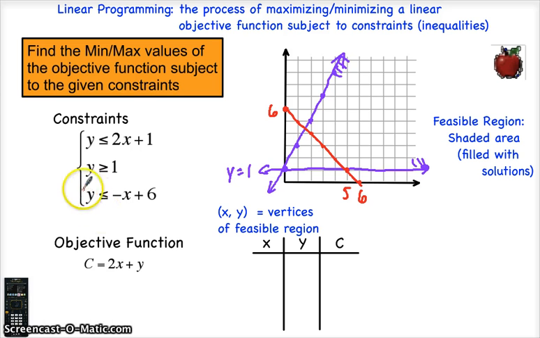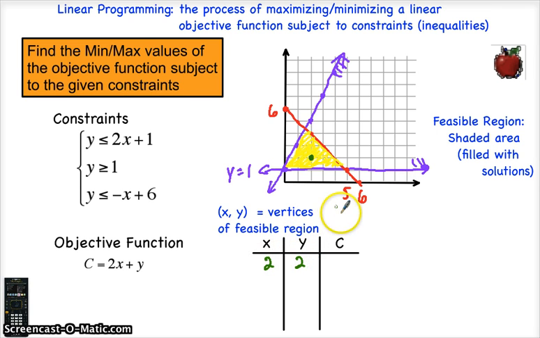So again, we need to look at the fact that y is less than that line, so I'm going to be below the red line, and technically only anything in this yellow region, in this sort of triangular region here, only the points in there are in the feasible region. Now, we could pick random points in the feasible region. A point such as 2, 2 would be a good point, and we could put that onto our table if we'd like.